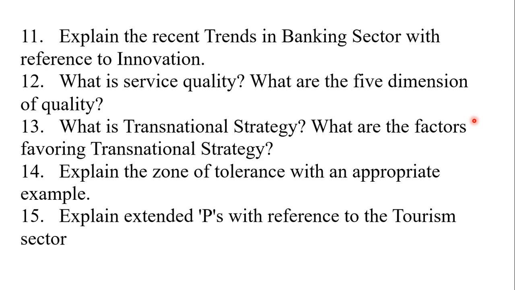And the 15th one, explain extended P's with reference to the tourism sector. So these are the next set of questions. Chalo, I want you to go through it once and then we'll move to the second last slide which has the important questions.